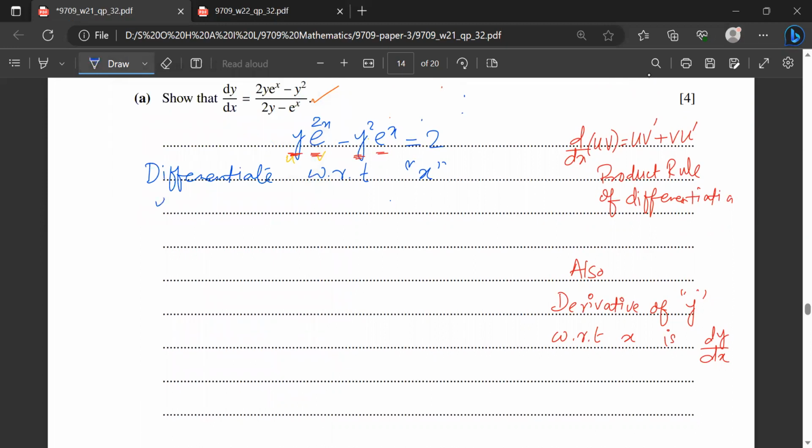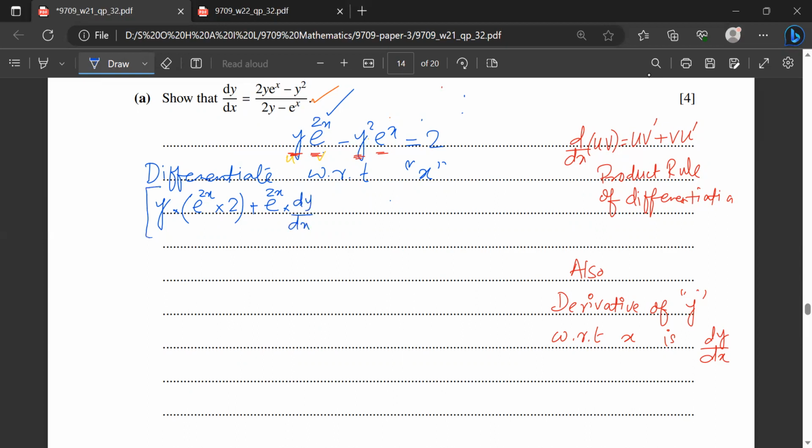So here, y as it is, and the derivative of e power 2x is e power 2x into the derivative of 2x, which is 2, plus e power 2x as it is, and then the derivative of y is dy over dx.